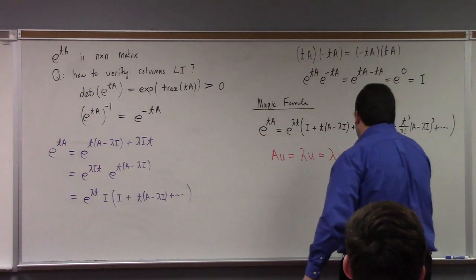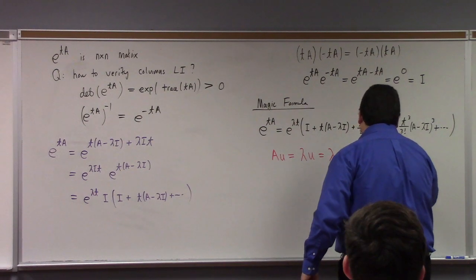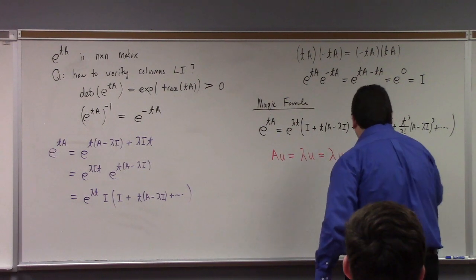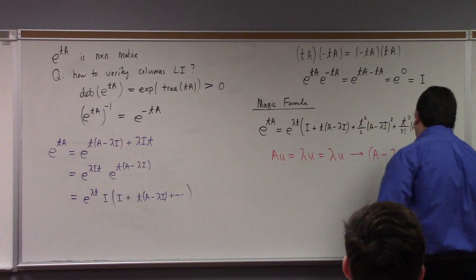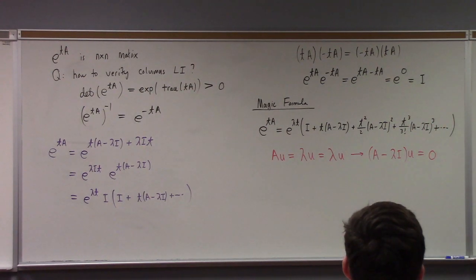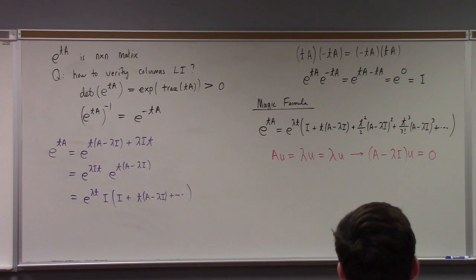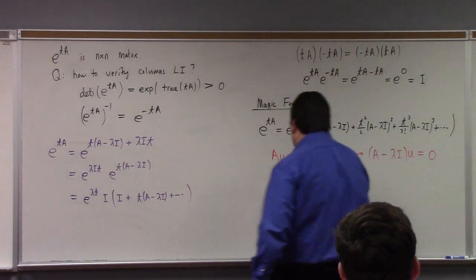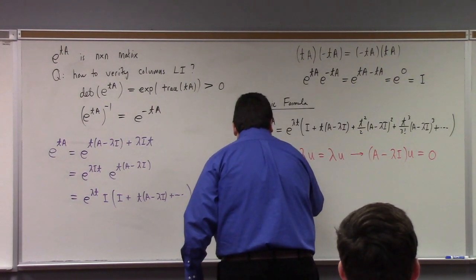But anyway, font choices aside, (A minus lambda I) u is equal to 0 for an eigenvector with eigenvalue lambda. What happens when we take the magic formula and hit it with an eigenvector with eigenvalue lambda?